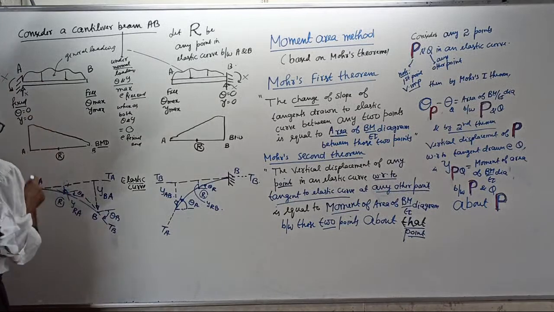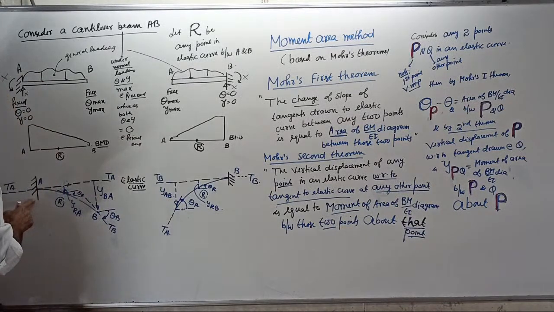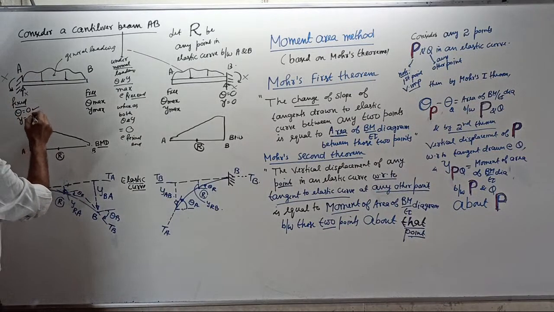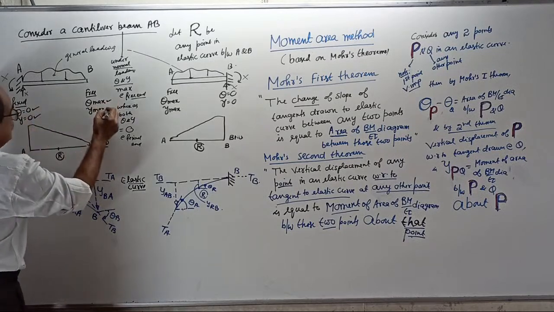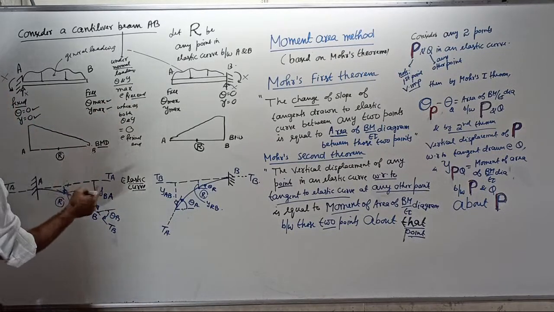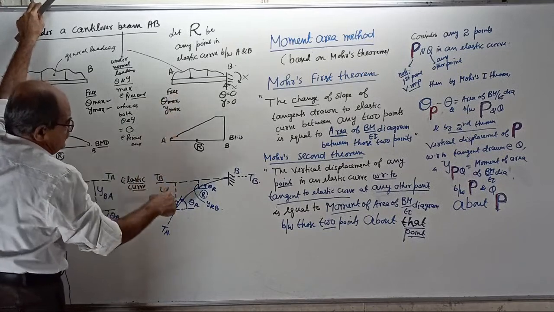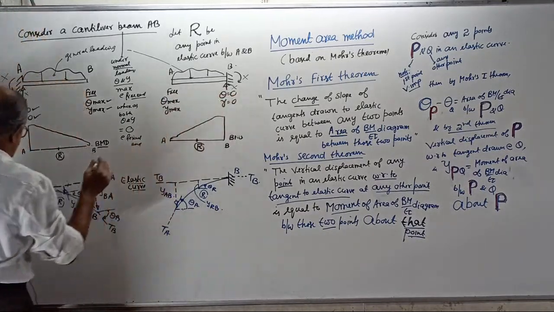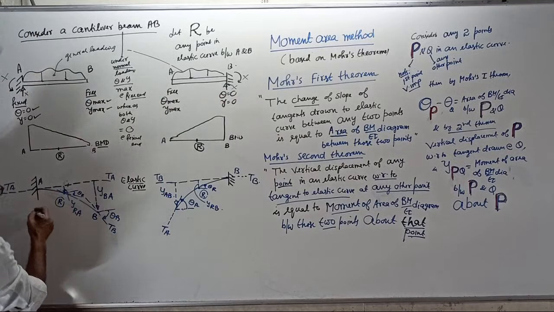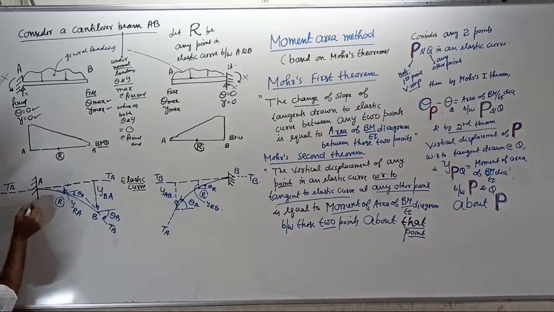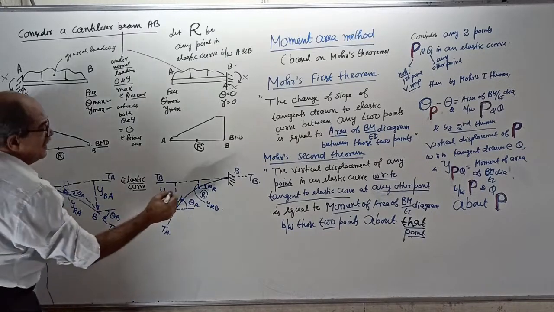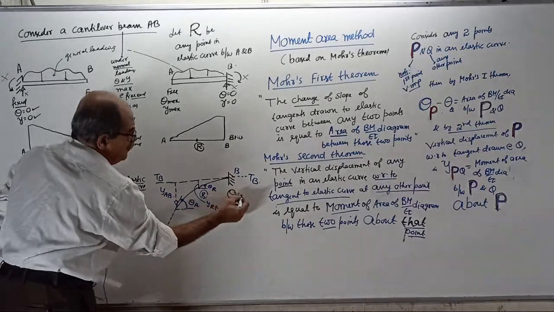So here I have written theta 0, y 0. Theta max, y max here. Here also theta max, y max at the free end. Theta 0, y 0. The most important is theta 0 here. I don't require y 0. Theta 0 here.